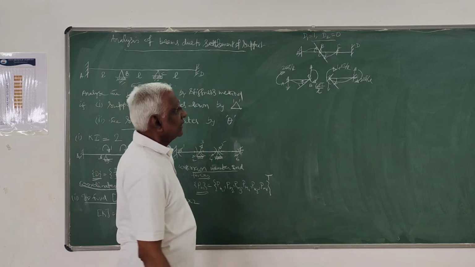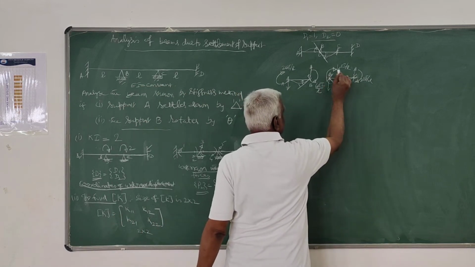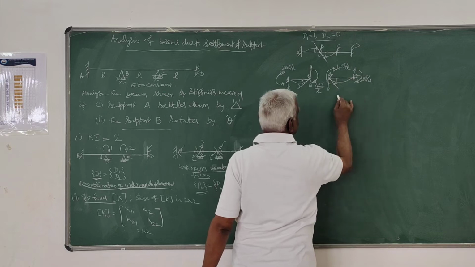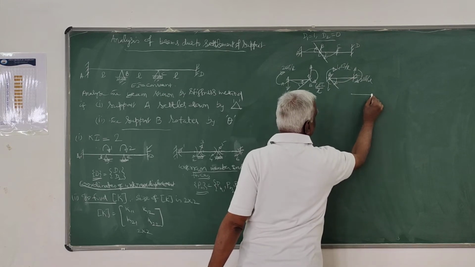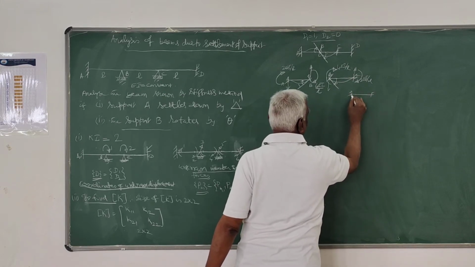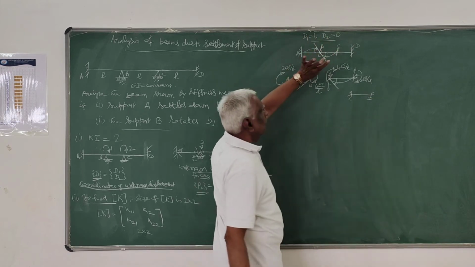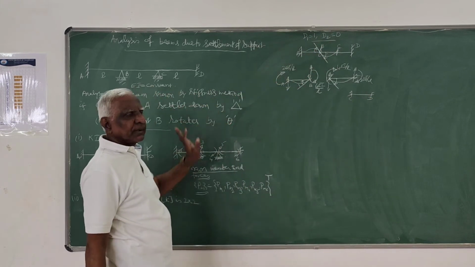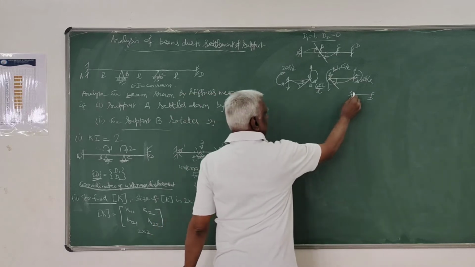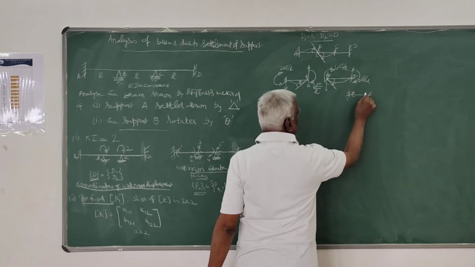That is not required. So this is your BC forces. And CD is not affected at all. When you give unit displacement only at D, CD is not affected, so the displacements are 0, 0.